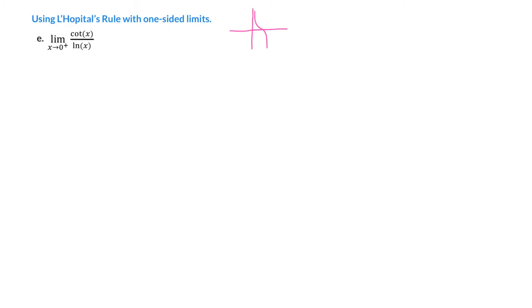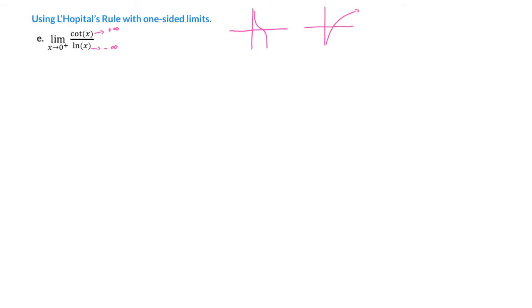So then I can say here that the numerator tends towards positive infinity. And then when I look at the natural logarithm, it looks like this as well. So then you notice that as x approaches 0 from the right, the y values of the natural logarithm are going towards negative infinity. So then the bottom is going towards negative infinity. And this is now giving me a hint that I have an indeterminate form. In other words, I should be able to apply L'Hopital's rule.